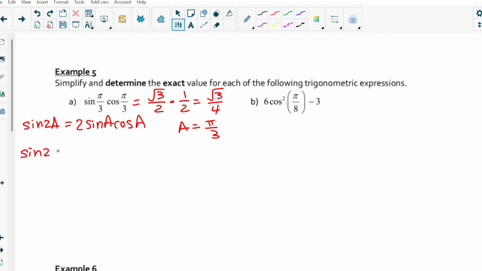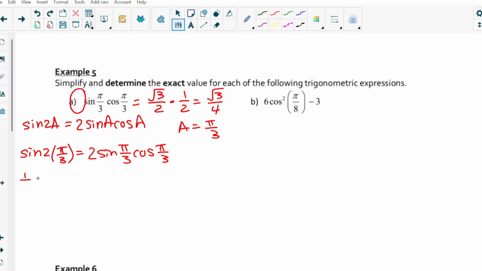Sine of 2 times pi over 3 equals 2 times sine of pi over 3 cosine of pi over 3. But you notice out in front, there's no 2 value. So how do I adjust that for the 2 value?